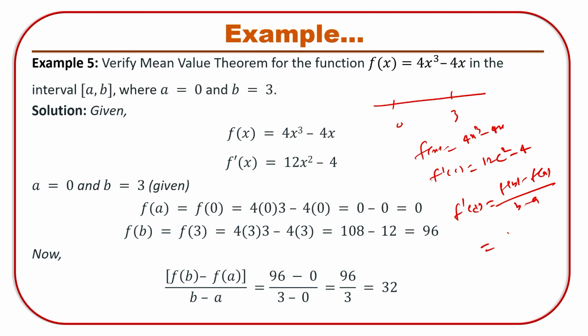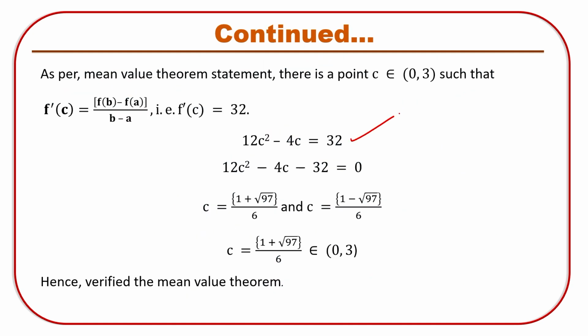This is equal to how much? 32. Here it is calculated. So 32, and now equate these two. So 12c^2 - 4 is equal to 32, and hence 12c^2 - 36 equal to 0.